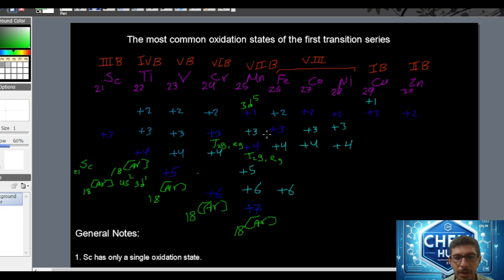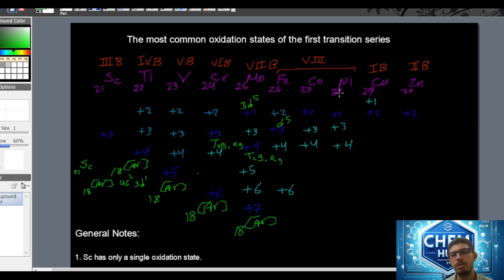How about the positive 3 in iron? In iron here, we have the 2 positive oxidation state and 3 positive oxidation state. Positive 4 and positive 6 are not common at all. Positive 3, because you would get a d5 electronic configuration, right?